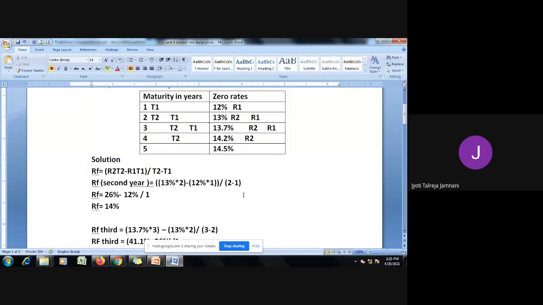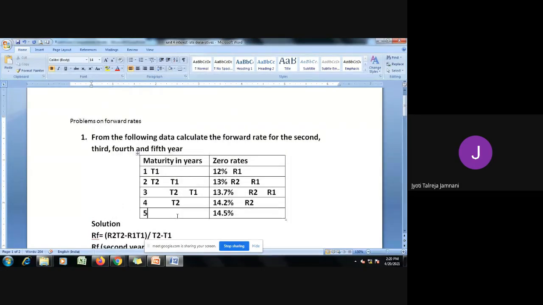Similarly, we'll do it for fifth year. RF for fifth year will be the T2 and fourth year will become T1 now. Similarly, fifth year rate will become R2 and fourth year will become R1.